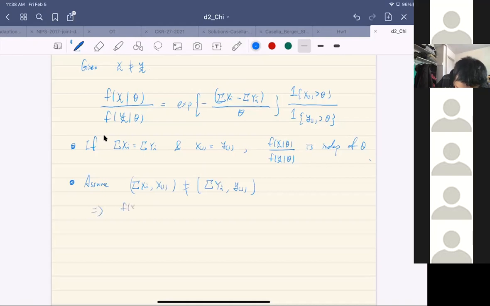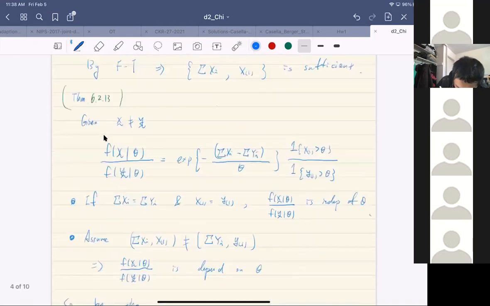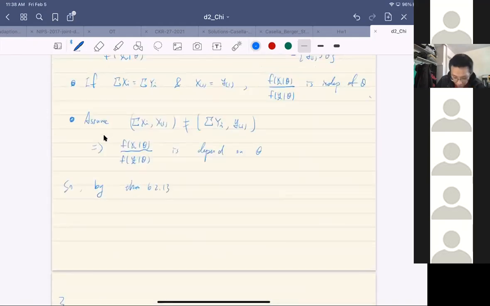The ratio depends on theta. So by theorem 6.2.30, this is minimal sufficient for theta.